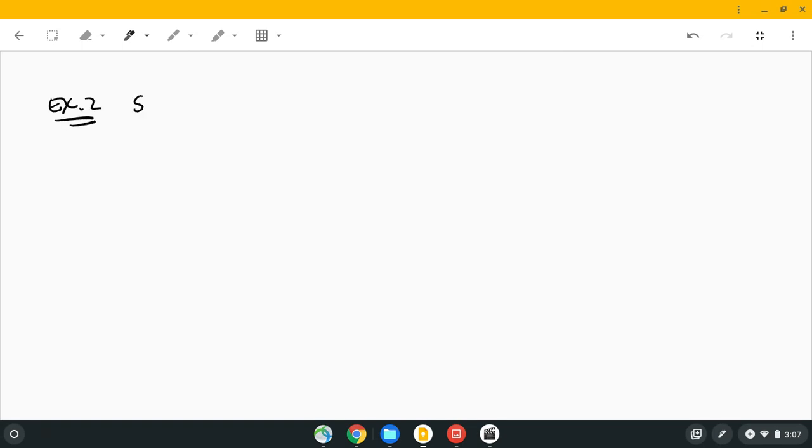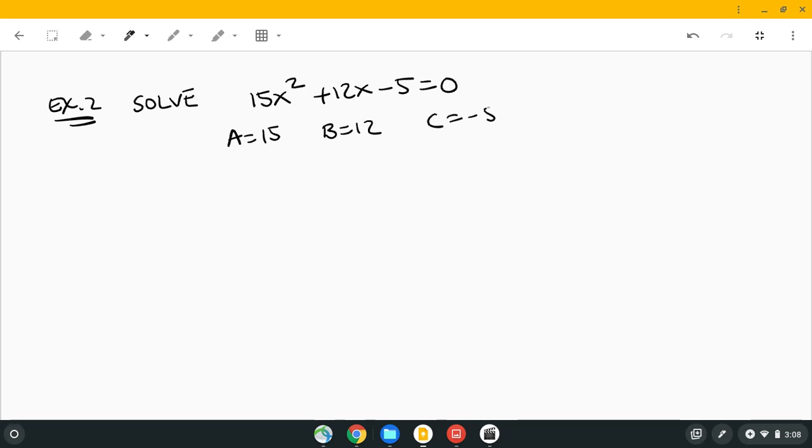Let's go ahead and solve 15x squared plus 12x minus 5 equals 0. Nice big numbers. Okay, so here a equals 15, b equals 12, c equals negative 5. Okay, so let's go ahead and plug it into our formula.